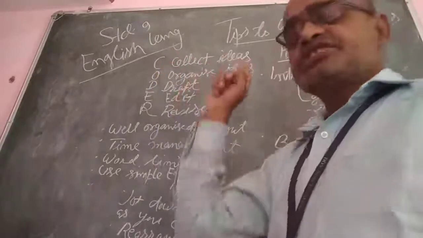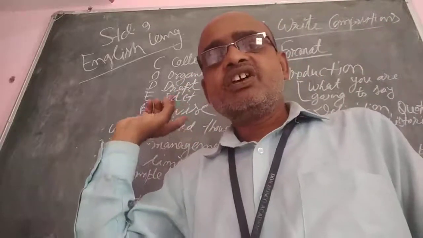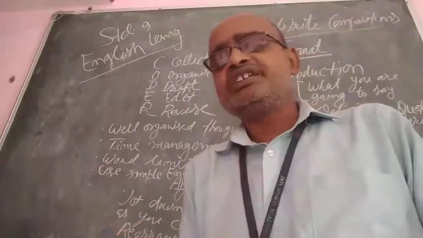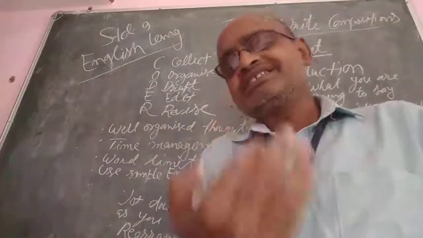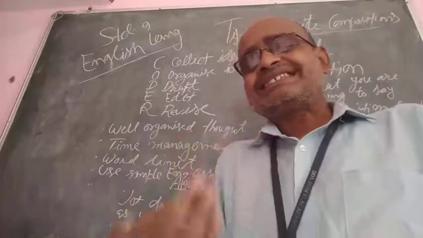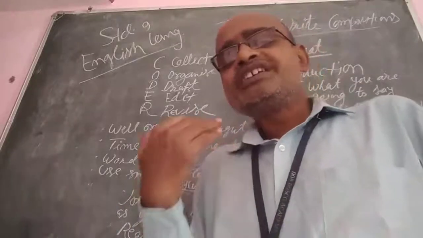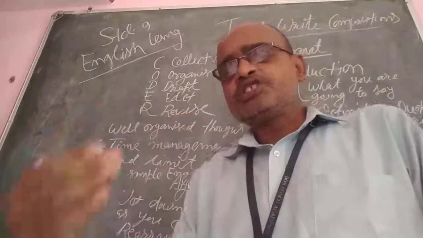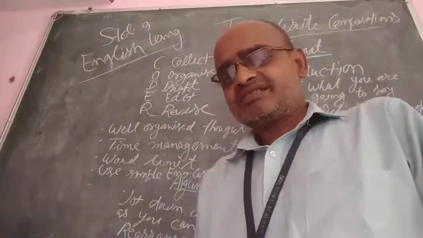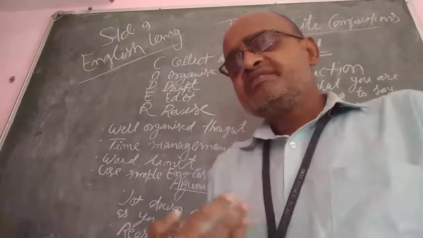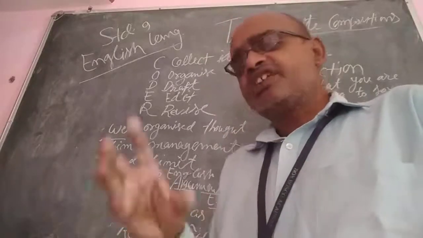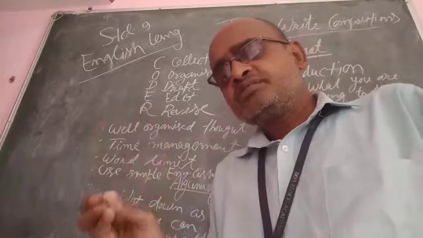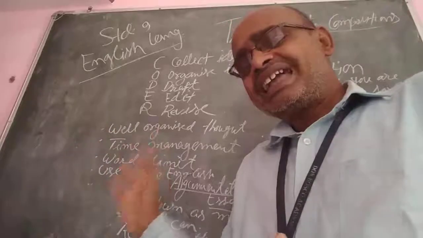Then organize those ideas. Organize the points, organize the ideas, whatever you have generated, according to the importance or your necessity, whichever points you need. Okay? Organize them into different categories. If you are writing an argumentative essay, please categorize them into 2 categories: for or against.